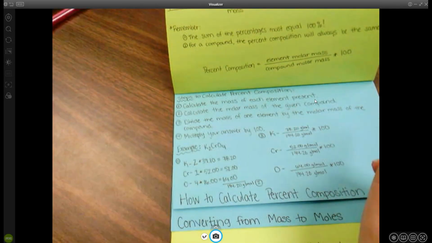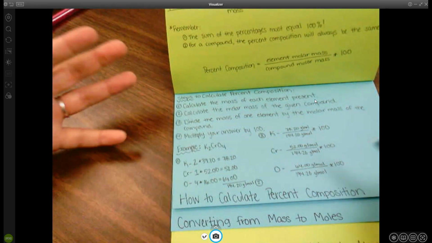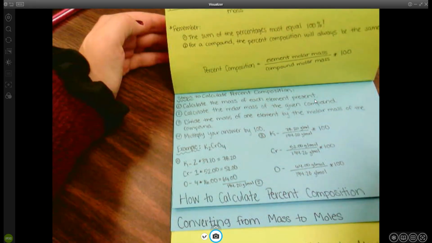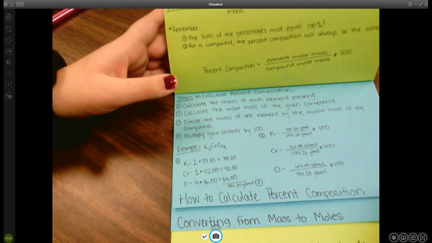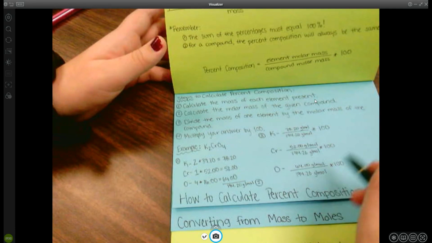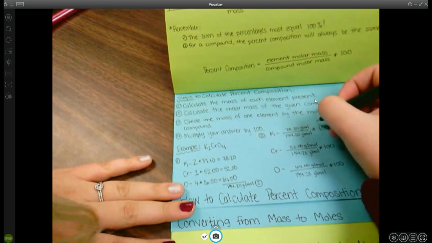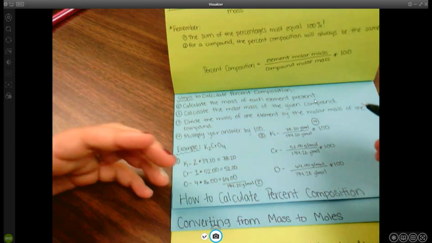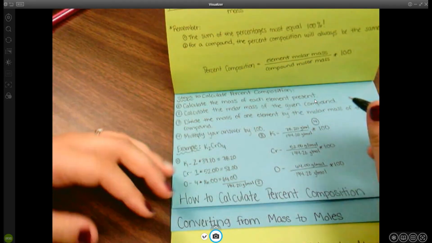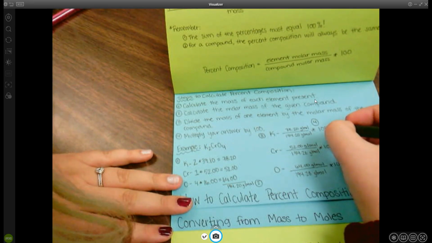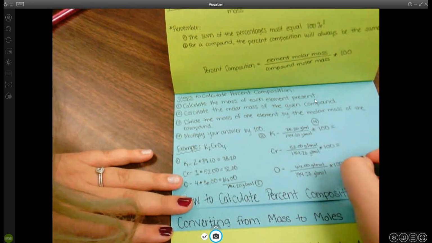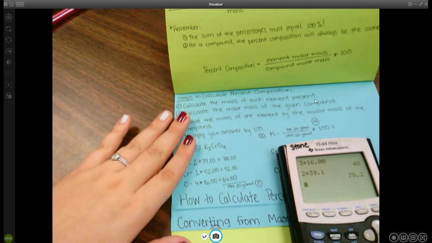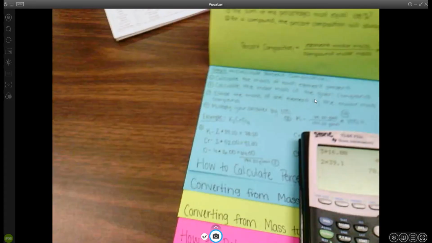If this is too fast for you, pause and take a moment. So that's step 3, plug it in. Step 4 is when we multiply it by 100. Steps 3 and 4 happen at the same time, unless you want to break up all the math, which will just make a longer process.